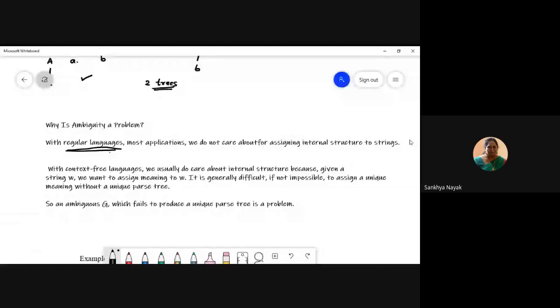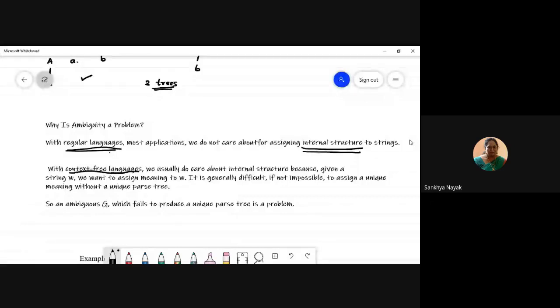So if I can generate the same string in two ways, leftmost derivation, it's okay, because ultimately I just want to match the string. I'm not bothered about the structure at all. Syntax, semantics, I'm not bothered. But in context-free grammar, we care about the structure. Syntax is important, isn't it?